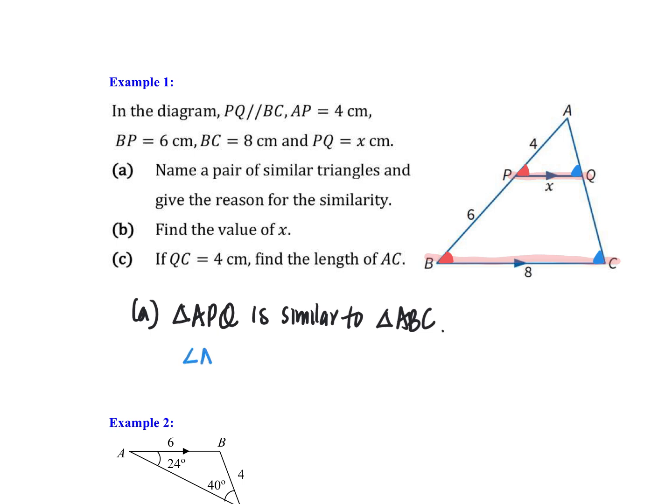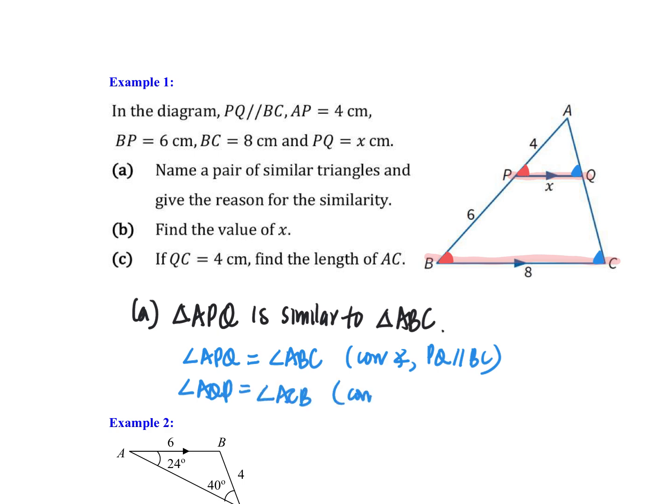So what you can write is angle APQ is equal to angle ABC because of corresponding angles, PQ parallel to BC. One angle already. Another one is AQP and ACB, also corresponding angles. Then you can conclude by AA test.